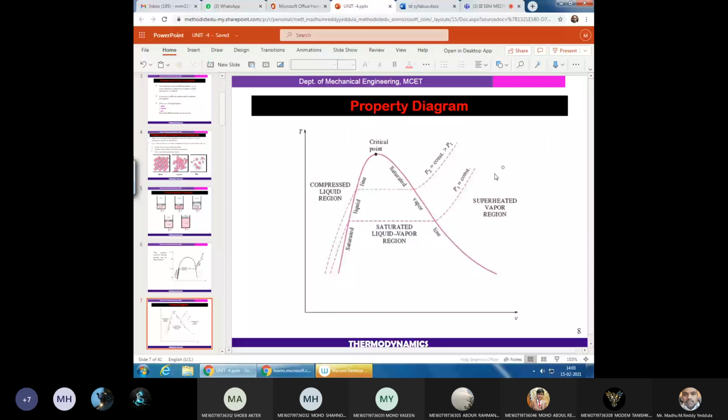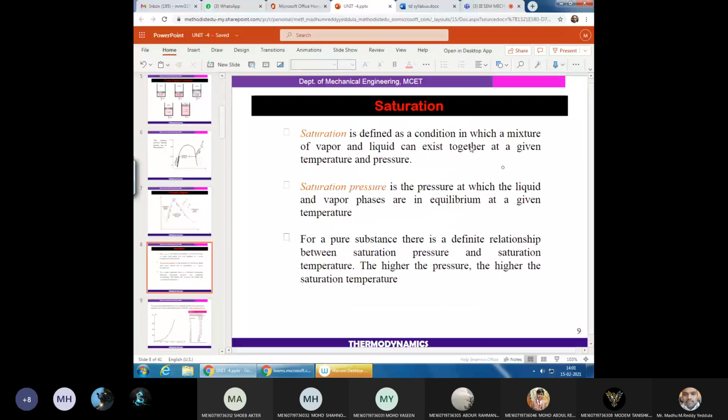Right. So what is saturation? I'm talking about saturated liquid and saturated vapor, right? Saturation is the condition in which a mixture of liquid and vapor can exist together at a given temperature and pressure.